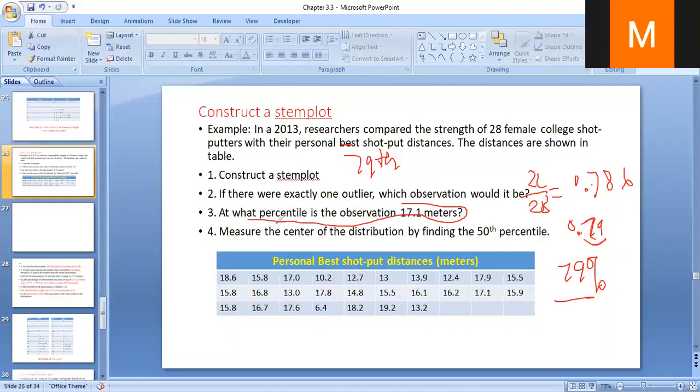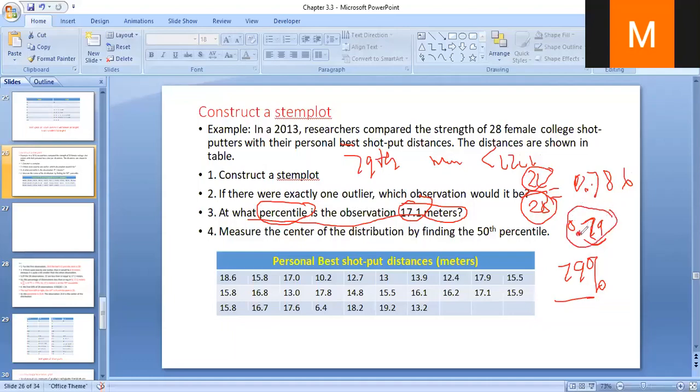Any question about the percentile? For the percentile, you count at 17.1 the number of values less than 17.1. You get 22, and we have 28 in total. You divide 22 by 28, you get 0.786, and you round it to 0.79.